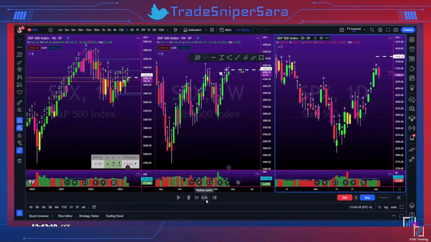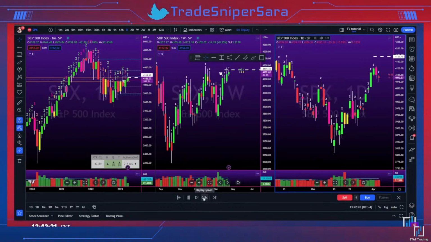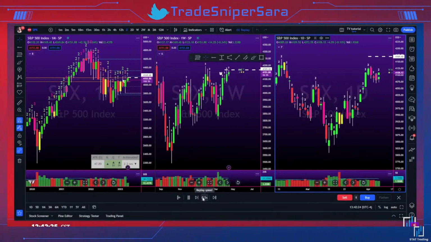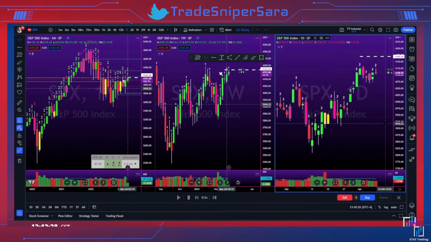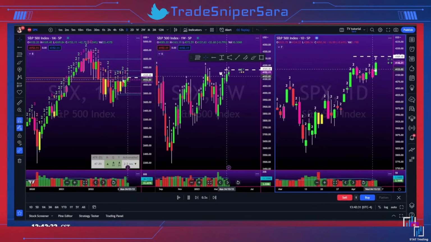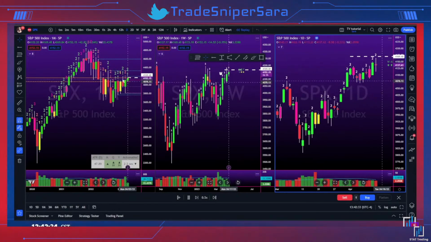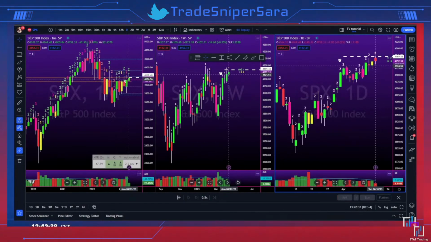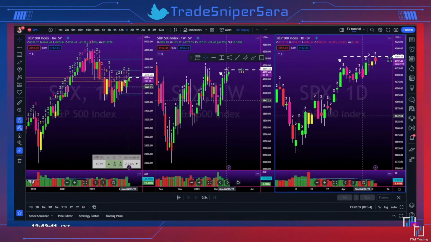You can change your speed as well. This is actually good for Strat practice. You can just call candles what they are. 2 up, 2 up, 3, 2 up, 2 up, inside, 2 up. It's kind of like a little flashcard game, right?